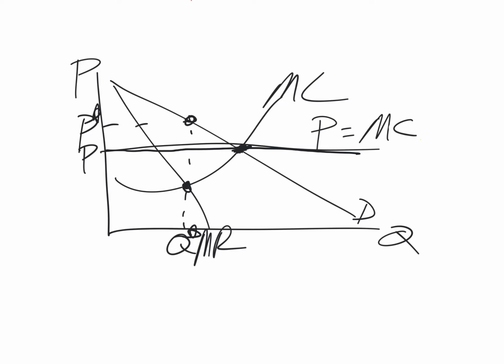I mean, this is easier said than done. It's hard in practice to find marginal cost, and it's hard to regulate. Some have said that regulation fails at every turn, that they're so bad at this. But that's the idea. That's what they're attempting. And that would get them out here, and that would eliminate all this deadweight loss if they produce right here.